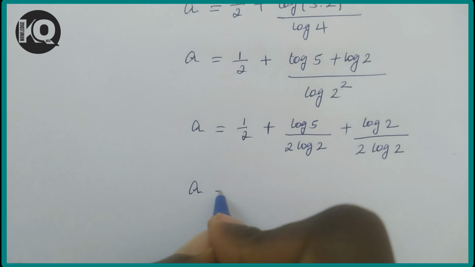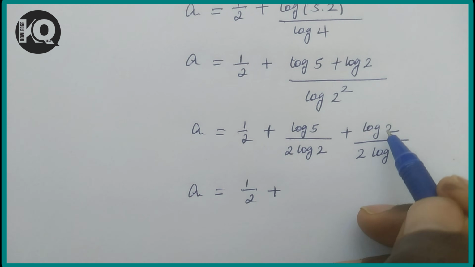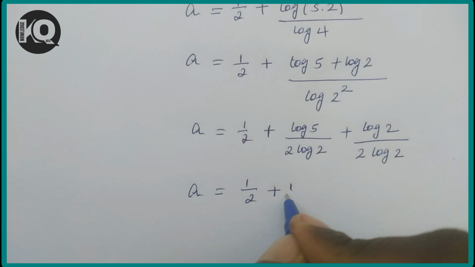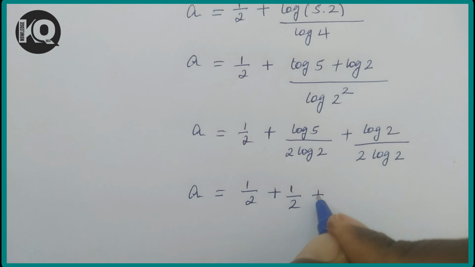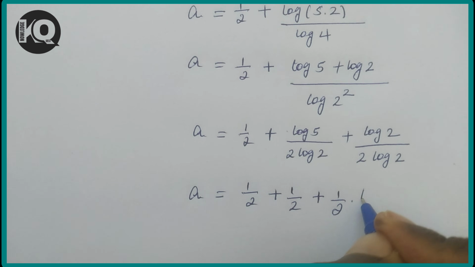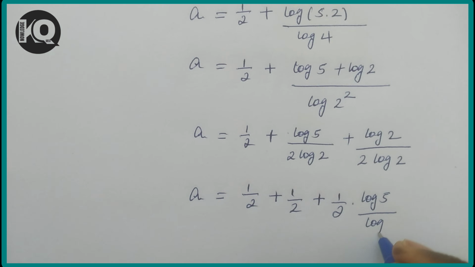Then a is equal to 1 over 2 plus, and this part will be log 2 divided by log 2 will be 1, so the remaining will be 1 over 2 plus 1 over 2 times log of 5 divided by log of 2.